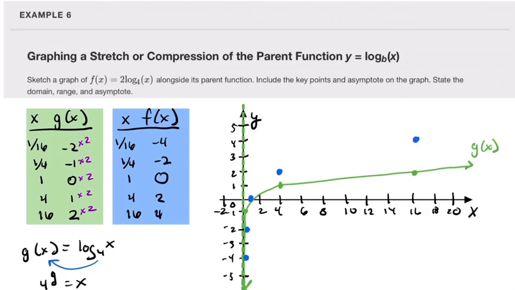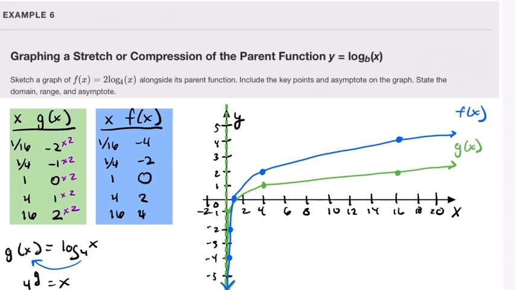And you know, the y-axis serves as the vertical asymptote for both of these. And then it's a similar graph, just passing through those blue points. That's the graph of f of x. So essentially what we did, we stretched it vertically by a factor of 2.